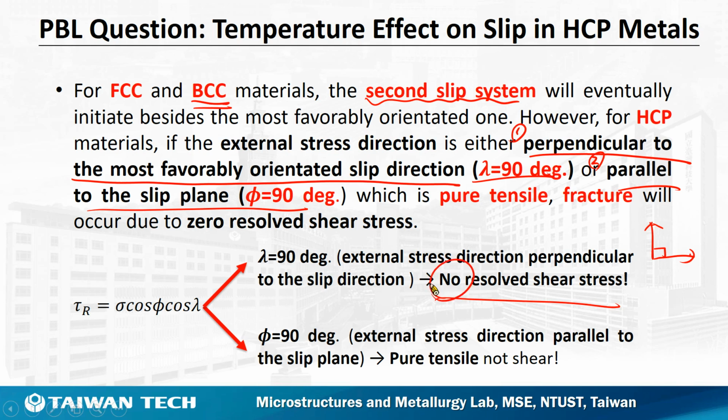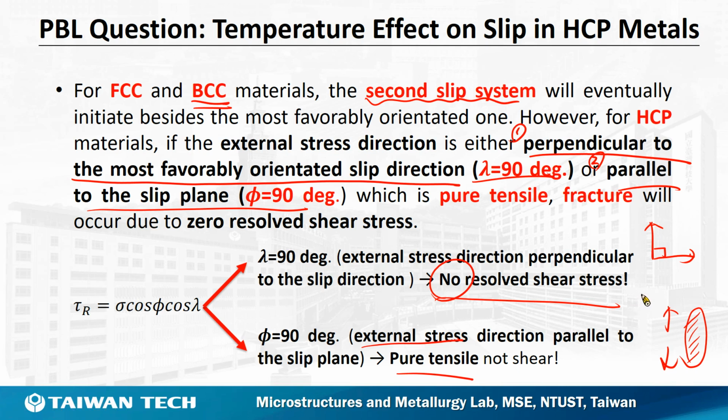And then the second example is phi equals 90 degrees. So when the external stress direction, this one, is parallel to the slip plane, for example this plane here, then this stress will be on the slip plane, but it is pure tensile, not shear.